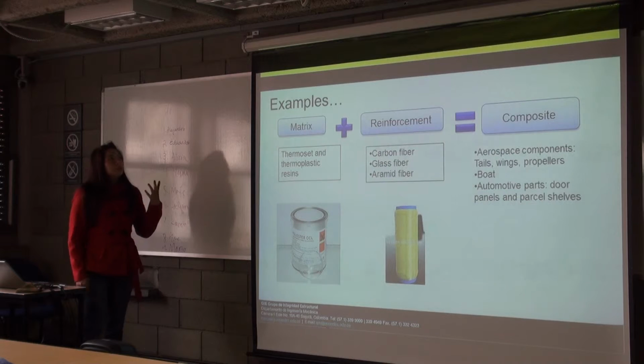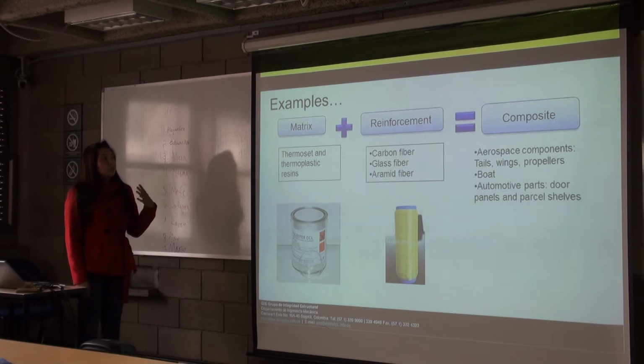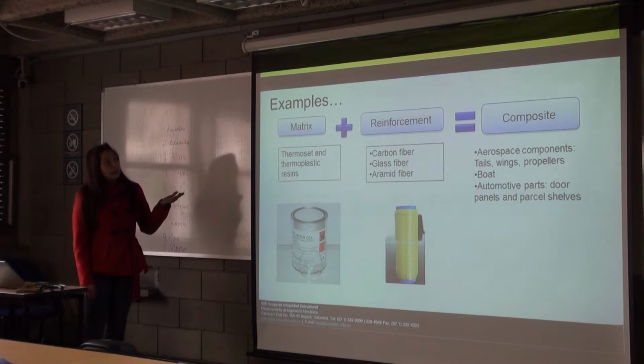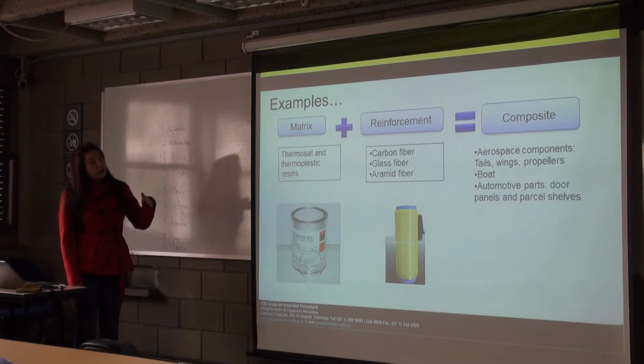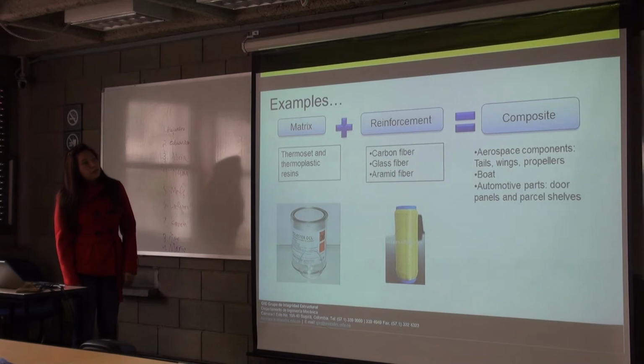Now I'm going to show you some examples of the most important matrices and reinforcements used in the industry. For example, in matrix, commonly used are thermoset and thermoplastic resins like polyester and vinyl ester. And in regard to reinforcement, the most commonly used fibers are carbon, glass, and iron.